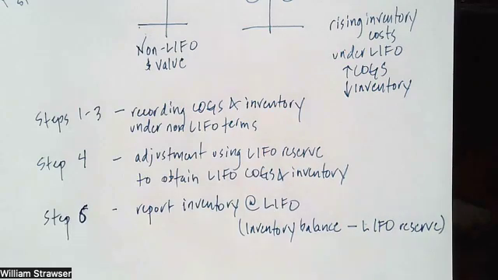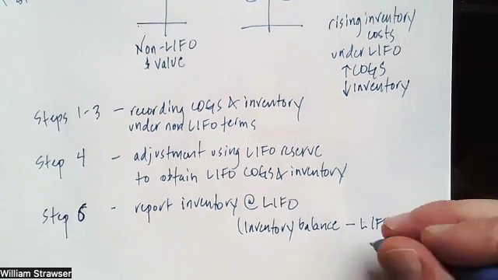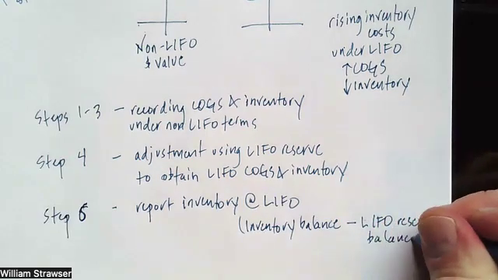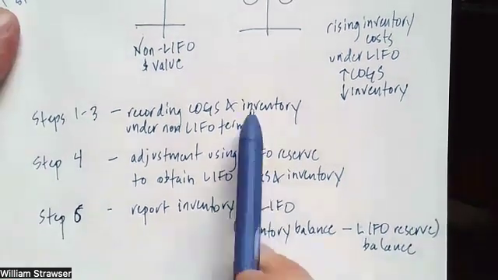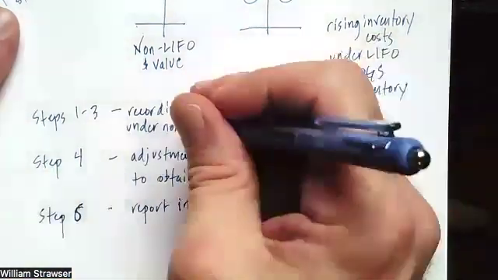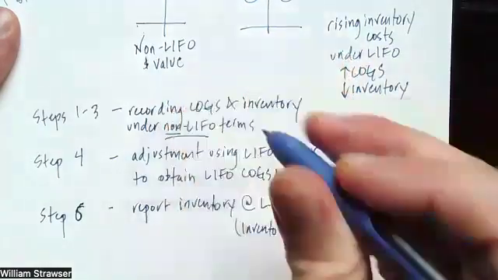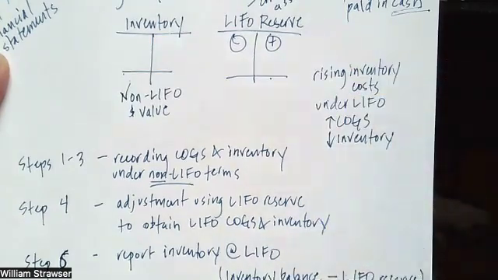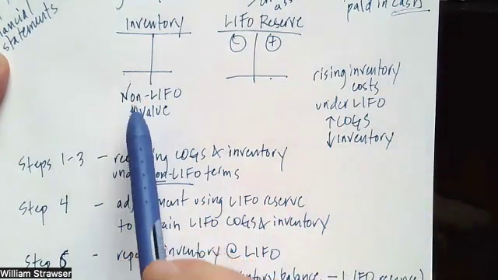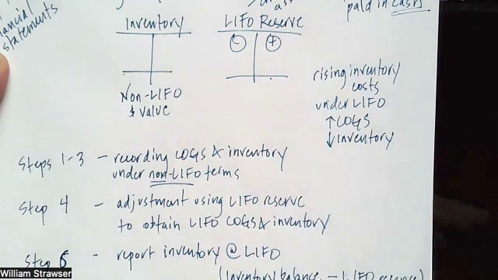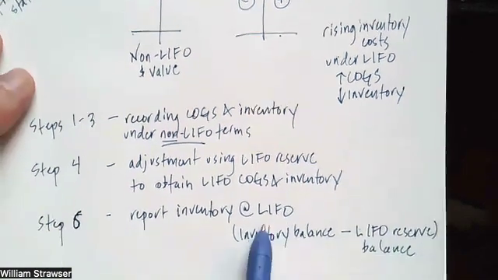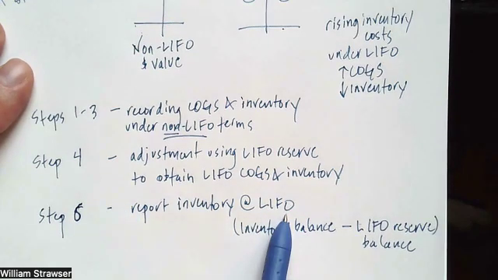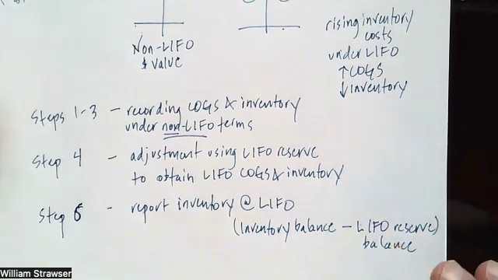We take the accounts receivable and subtract off the allowance for credit losses. But in this case, we're taking the inventory balance and subtracting the LIFO reserve balance. So during the period, everything is in non-LIFO terms. Step 4 is the adjustment to this account so that those non-LIFO dollar values can be converted into LIFO terms. And then we report inventory at the LIFO amount on the balance sheet after that's done.